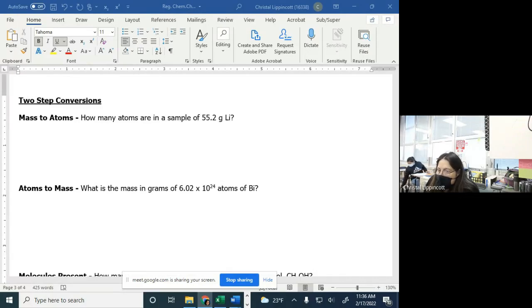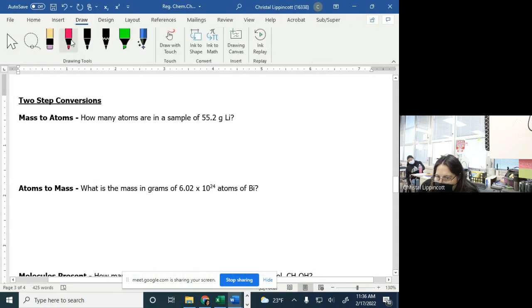Okay. So with these two-step conversions, I like to use dimensional analysis. We've talked about how I have that love of dimensional analysis, but you can use that chart that we talked about yesterday, whatever you're comfortable using.